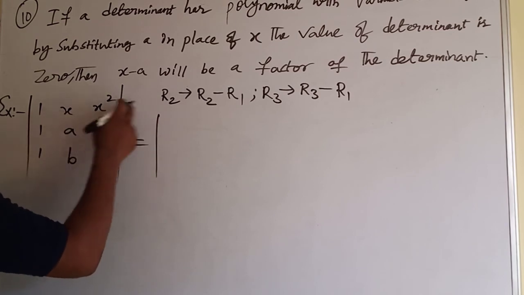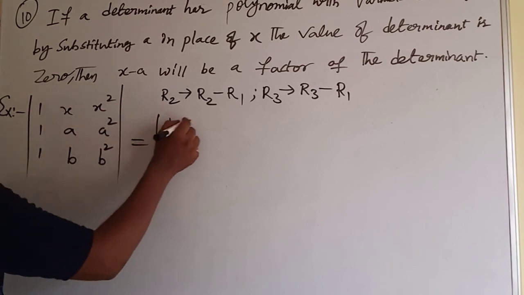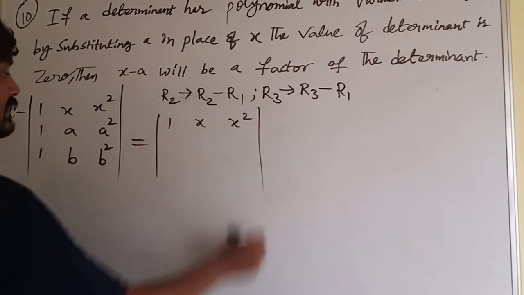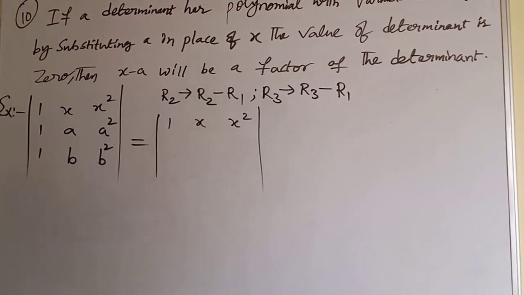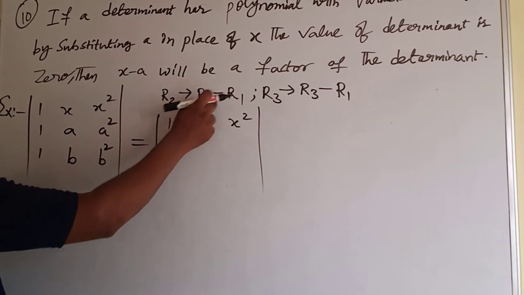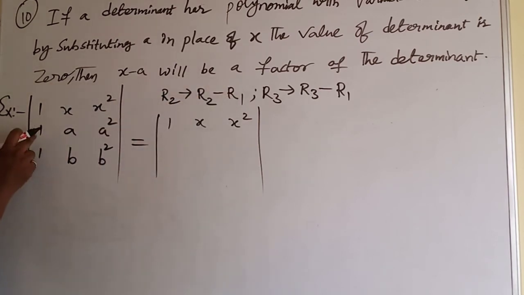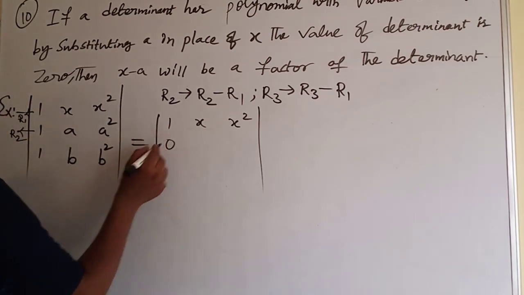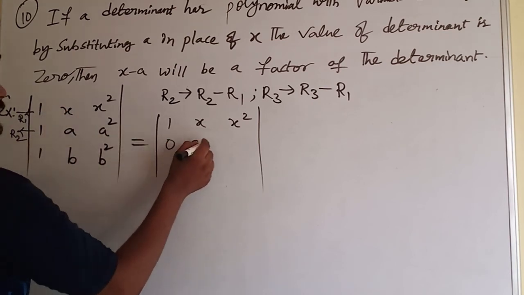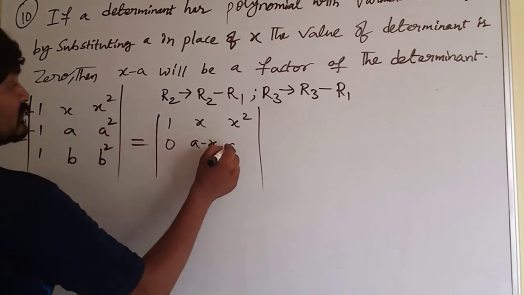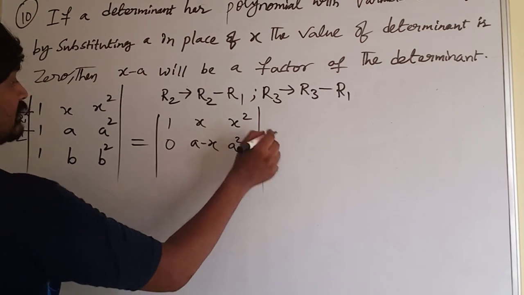So first R1, no change, so 1 x x square as it is. Next, R2 changes. What is R2? R2 minus R1. So R2 is this, R1 is this. 1 minus 1, 0. a minus x, a square minus x square.